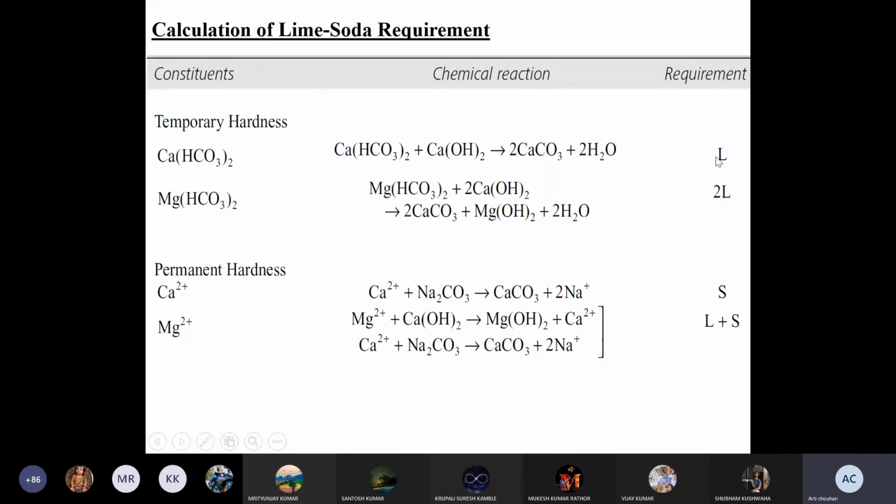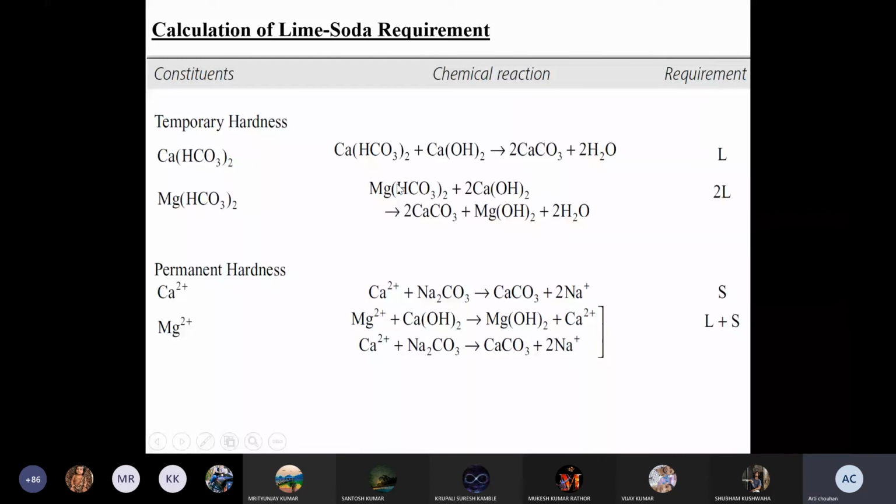Now coming to magnesium bicarbonate, or temporary magnesium hardness, in the water: it will require 2 moles of lime to convert that soluble magnesium bicarbonate into calcium carbonate and magnesium hydroxide precipitates.